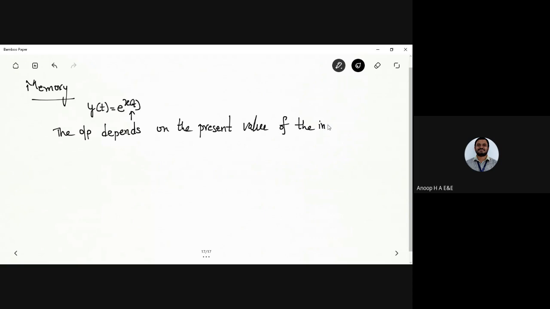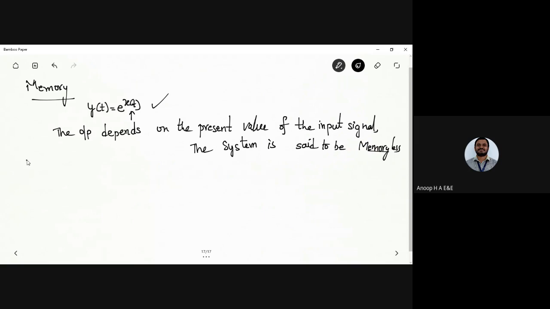So the system is said to be memoryless. It is not dependent on other values, only on the input value that you give, and that is why we call it a memoryless system.